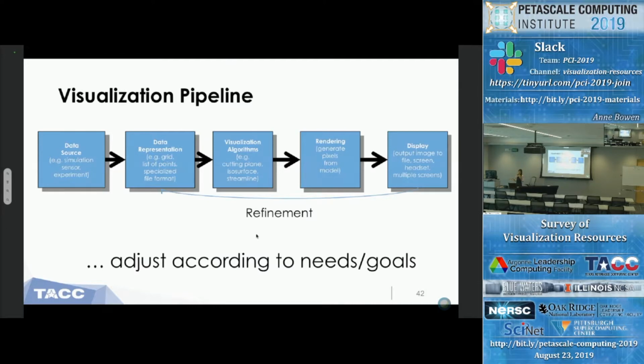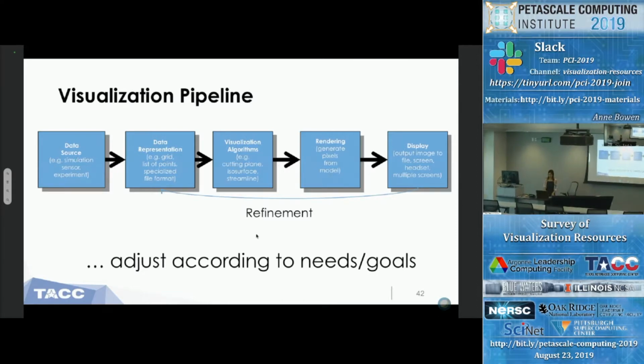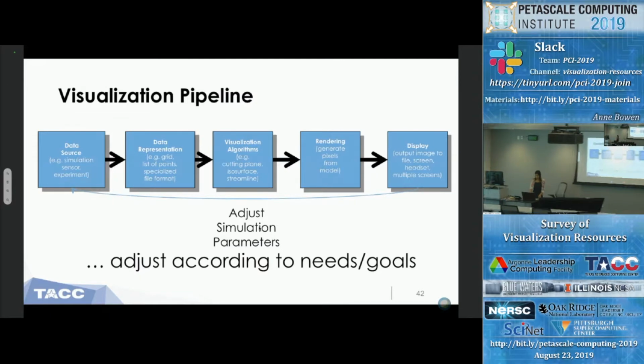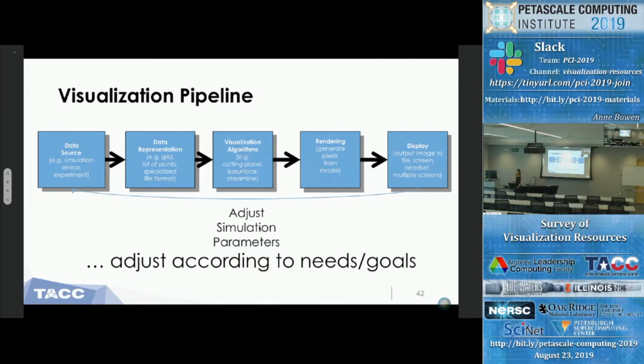Maybe you want a more optimized representation, or even a parallel file format to make the rest of the process a little faster. And then you could even find things in your final image that make you want to change the parameters of the experiment. So if you have a simulation, maybe you could adjust the simulation parameters.